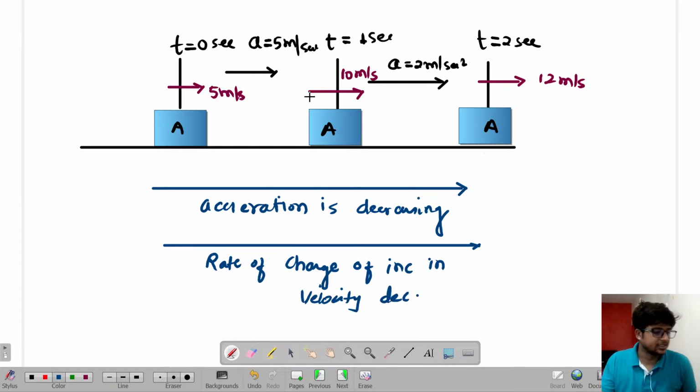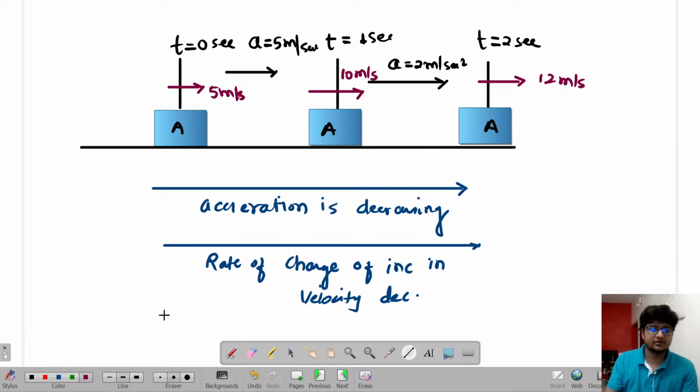Initially the body was increasing its speed faster, but now it is increasing more slowly. A decrease in acceleration does not mean the velocity will go to zero. A decrease in acceleration means velocity will still be increasing. Are you able to get me or not?